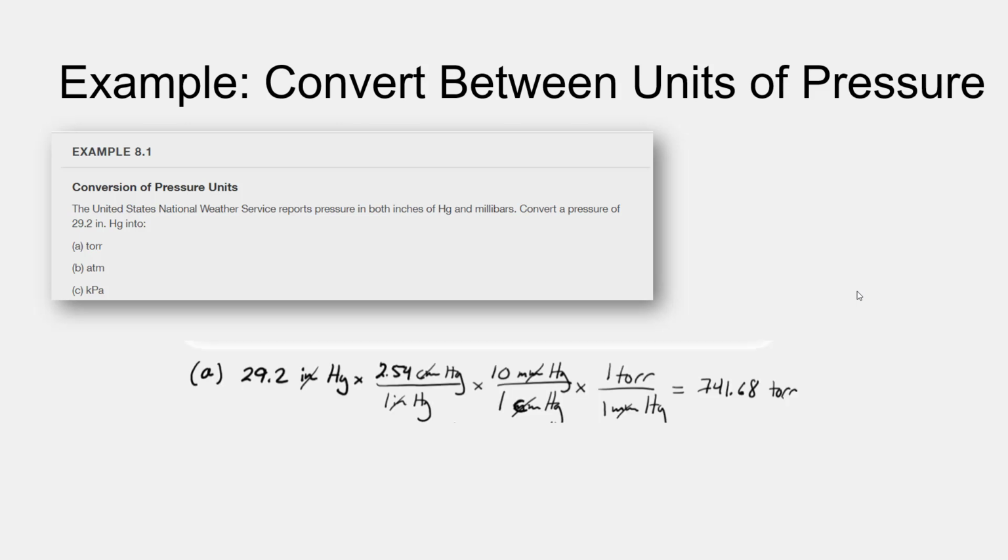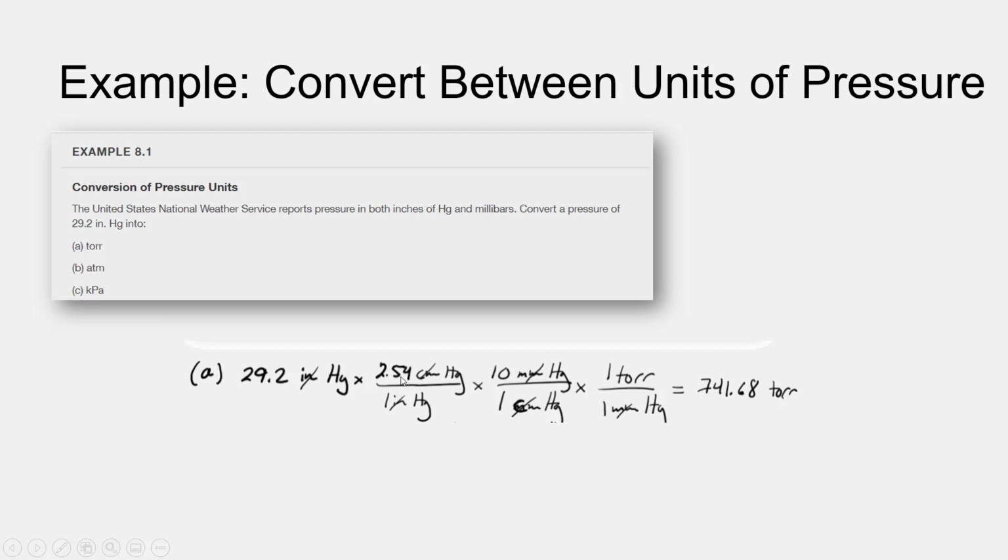Okay, so for our first conversion, we would like to convert the 29.2 inches of mercury into torr. And a torr is equivalent to a millimeter of mercury. It's just a different unit name, but the unit is the same size. So we start with our 29.2 inches of mercury, and our first step is we'd like to convert that into millimeters of mercury.